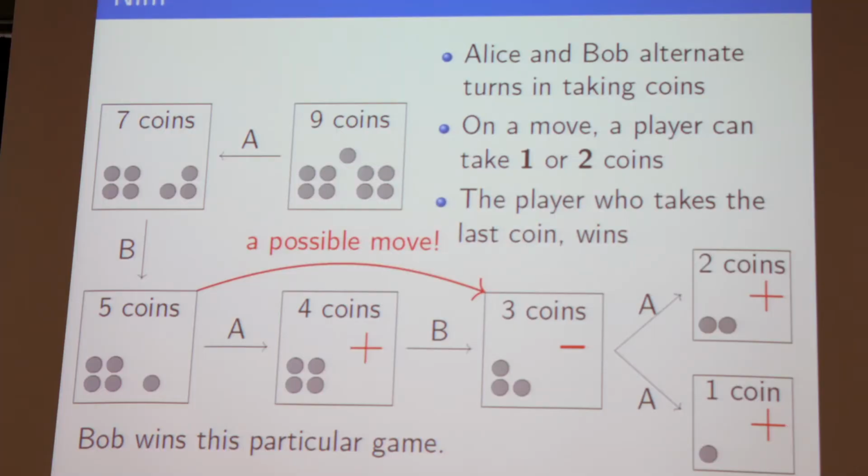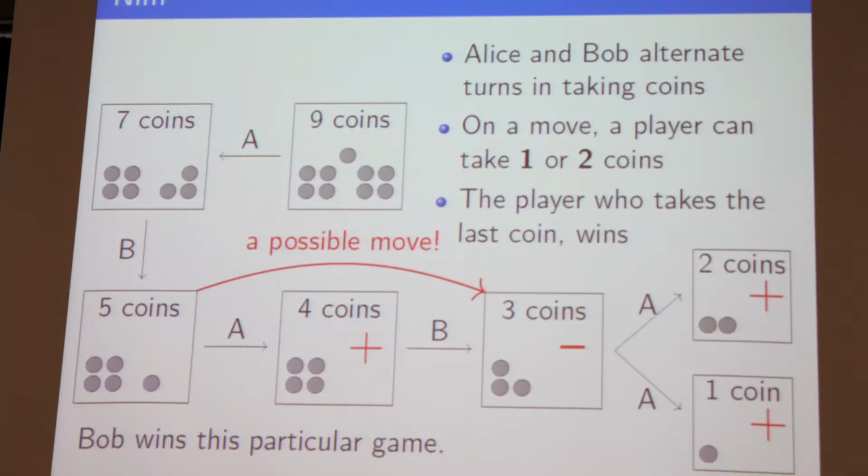You could take 2 coins. Excellent. So this was a possible move. Alice didn't play that move, but that's her problem. The position itself is a winning one. There exists a move that goes to a minus. Alice could have taken that. So this is very much a winning position.